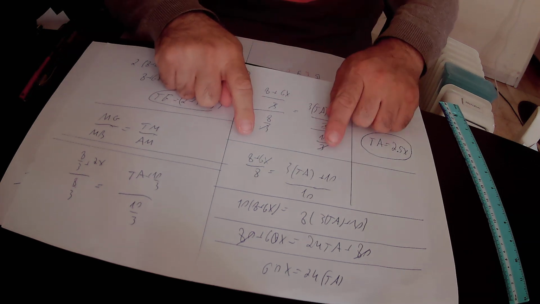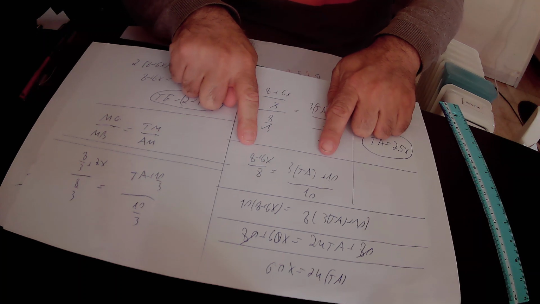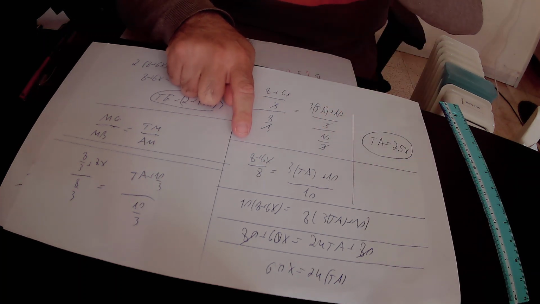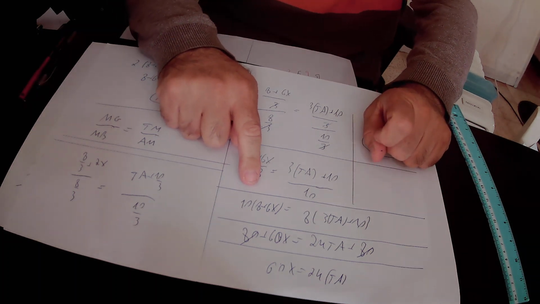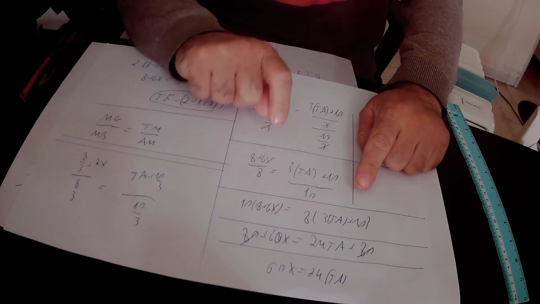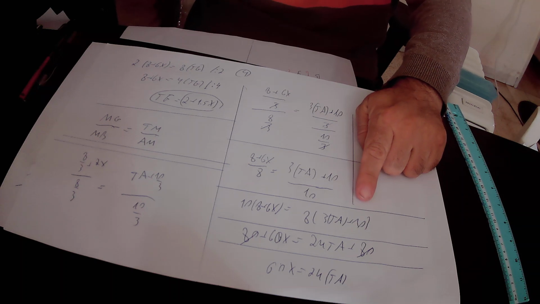Here we cross multiply this equation and found out that 10 times (8 plus 6x) equals 8 times (3TA plus 10). We open the brackets on both sides of the equation and found out that 8 times 10 is 80, plus 8 times 6x is 60x. That equals 8 times 3TA, which is 24TA, plus 8 times 10, which is 80.